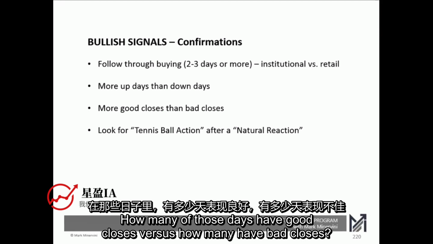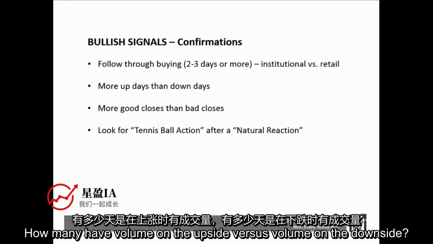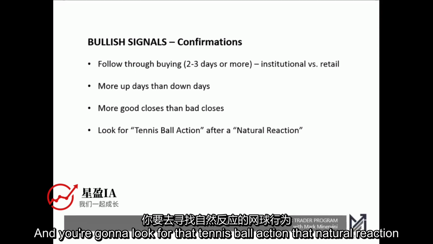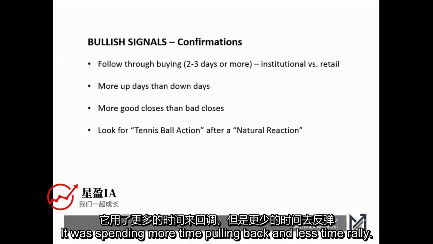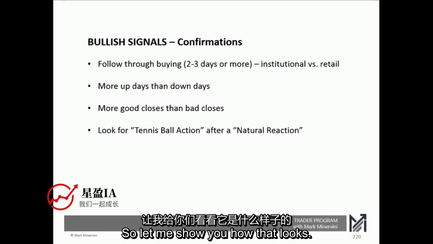How many of those days have good closes versus how many have bad closes? How many have volume on the upside versus volume on the downside? And you're going to look for, of course, that tennis ball action, that natural reaction. Is it coming back and spending more time pulling back and less time rallying? So let me show you how that looks.